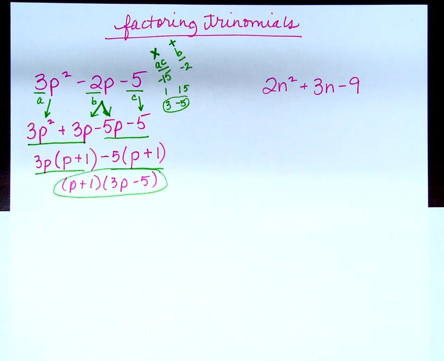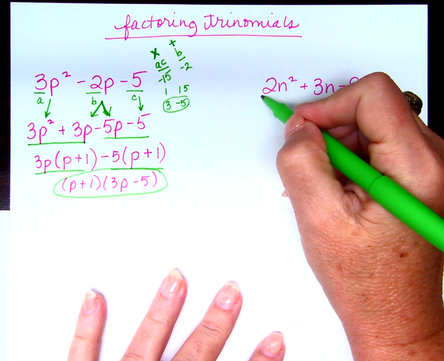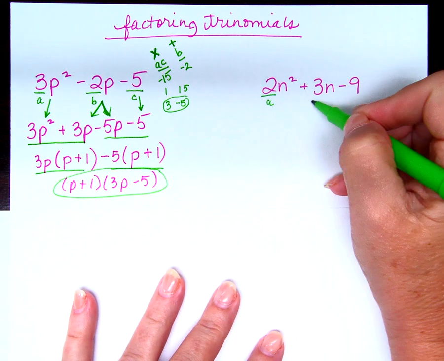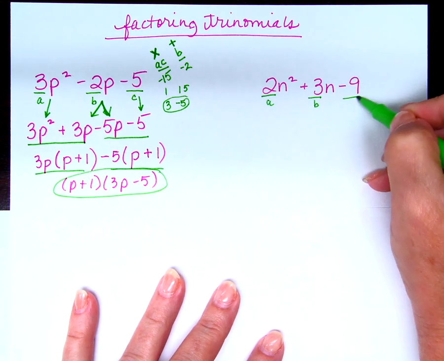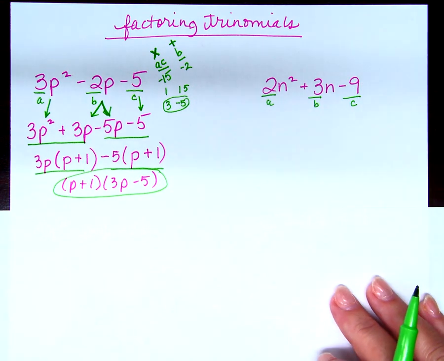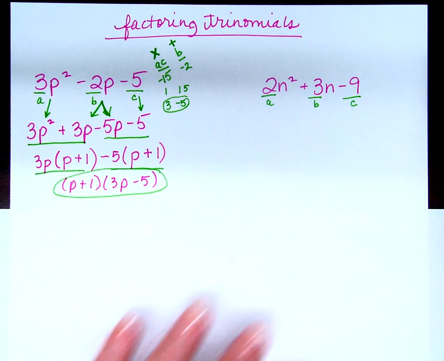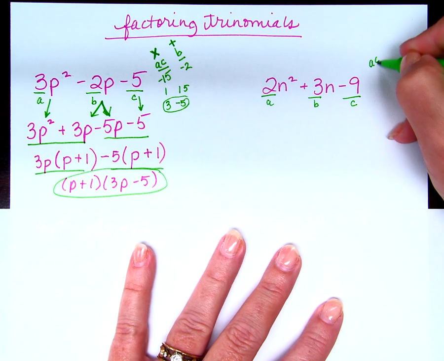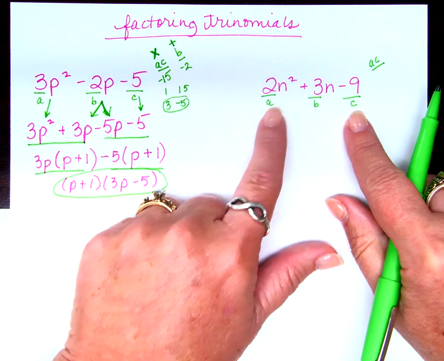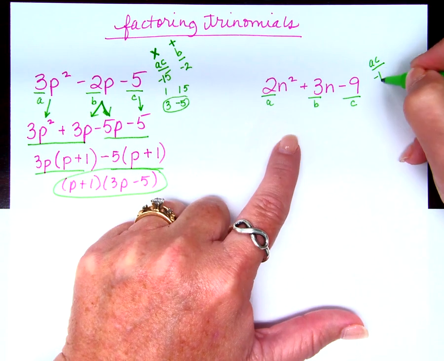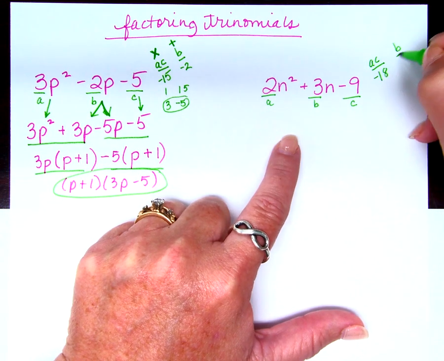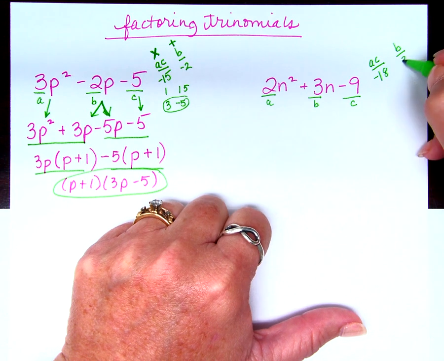Look at this next example. First thing I'm going to do is label A, B, and C. Now, is that required every problem? No, but it is helpful, right? So what's AC in this problem? Negative 18. And what's B in this problem? 3.